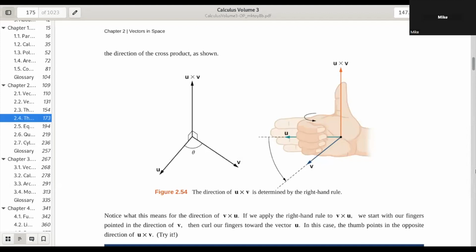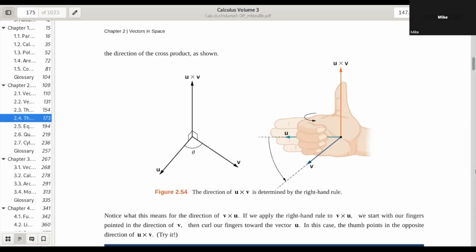Kawawa po yung mga left-handers. Meron ba pong left-hand rule? Mostly right hand eh. May mga left-handed coordinate systems, pero rare sila.